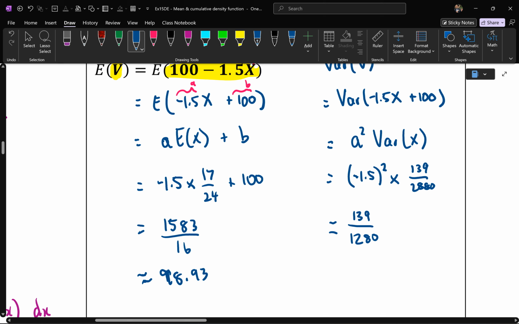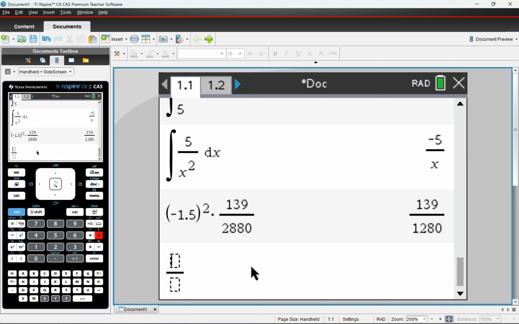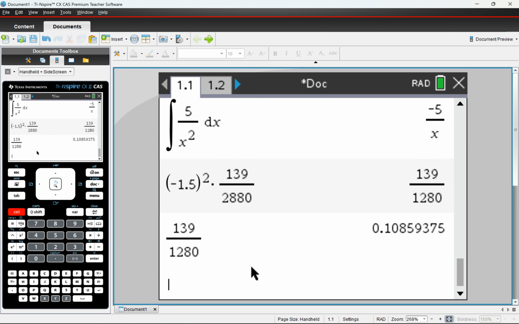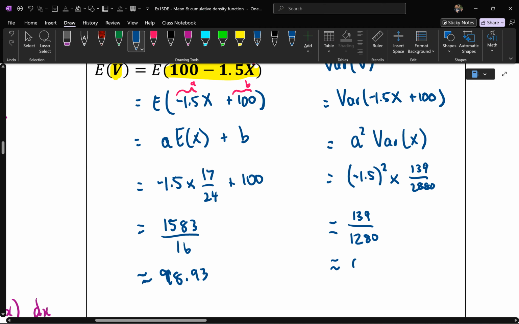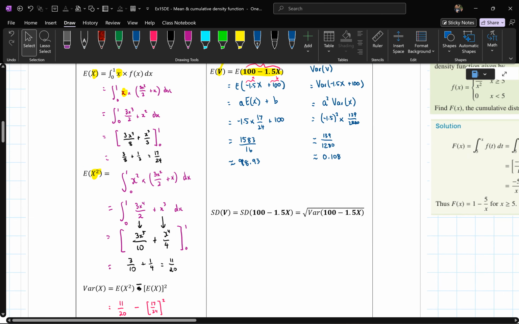What's that approximately? About 0.108. Roughly. Okay. All right, standard deviation.